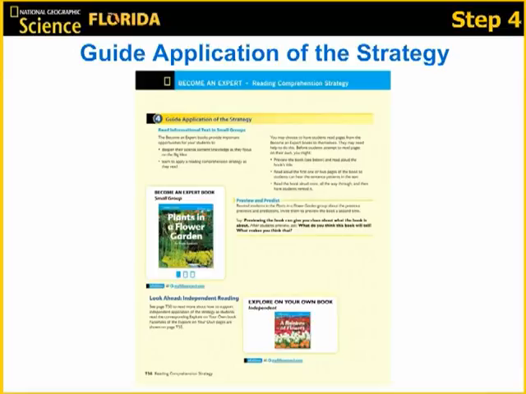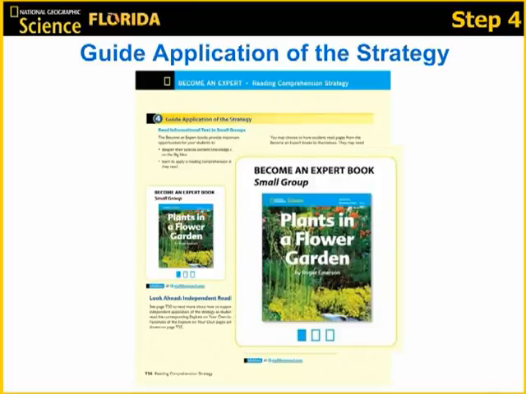The Become an Expert books allow students to read about a particular topic at their instructional reading level, become an expert, and then come back to the whole group to share and compare as the expert on their topic with other groups. There are low, medium, and high Become an Expert books for each unit as indicated by the color coding and rectangles. You can group your students by reading level, interest, or mixed collaborative groups.